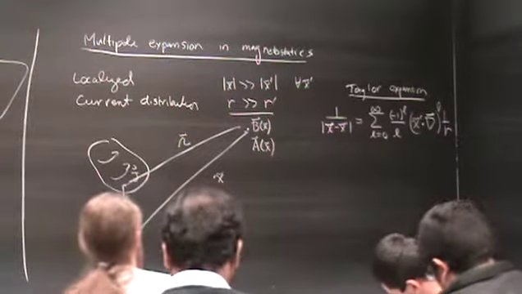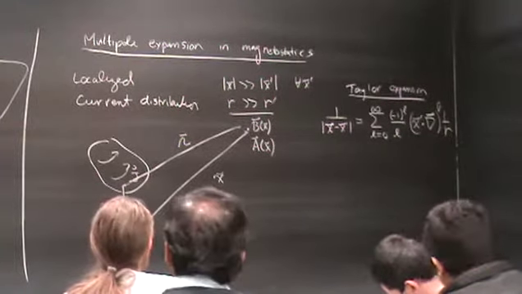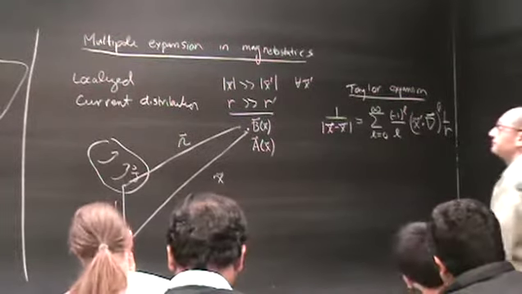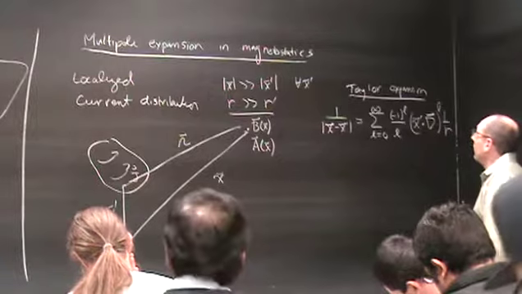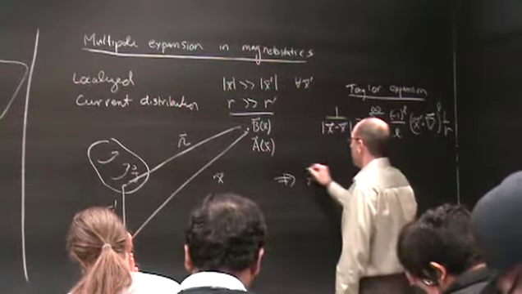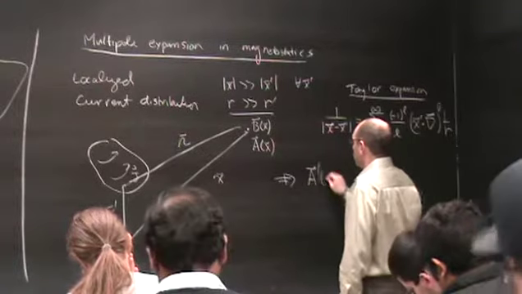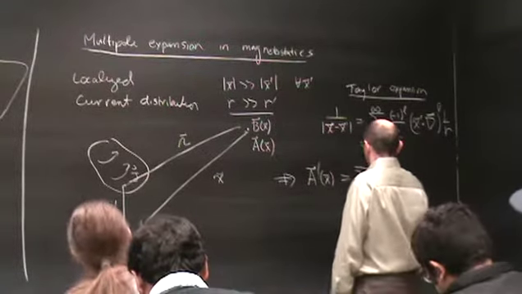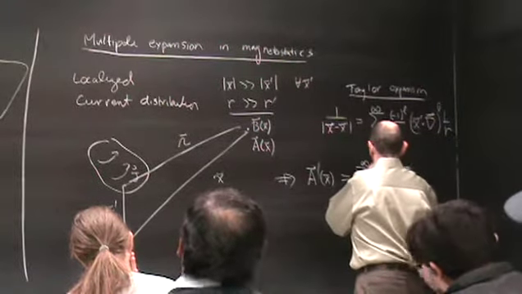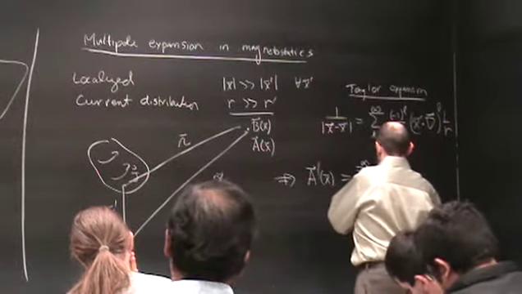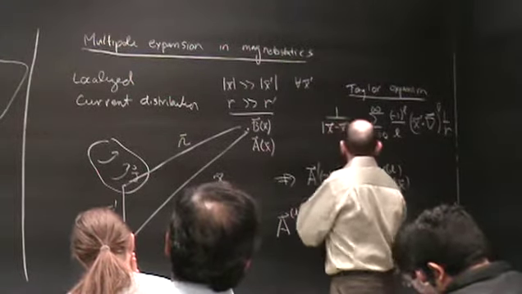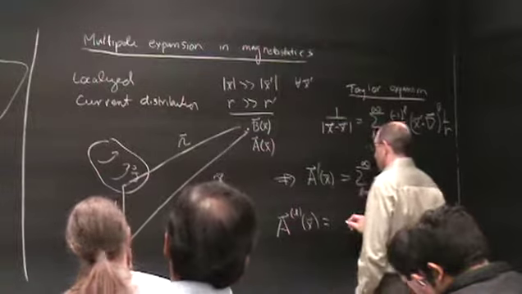That's the Taylor expansion about x prime equals 0. Okay? And thus we have the general form of the vector potential as a sum of multipole contributions, where A_L is equal to, I'll put it up here.